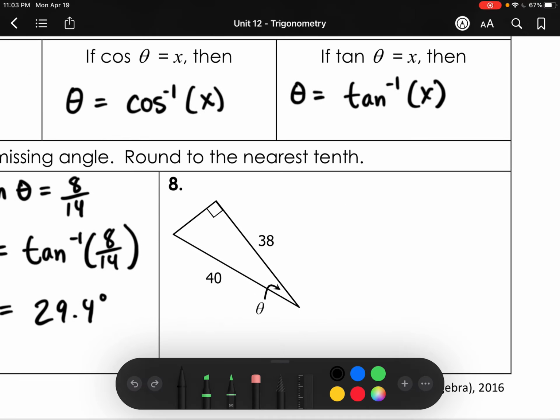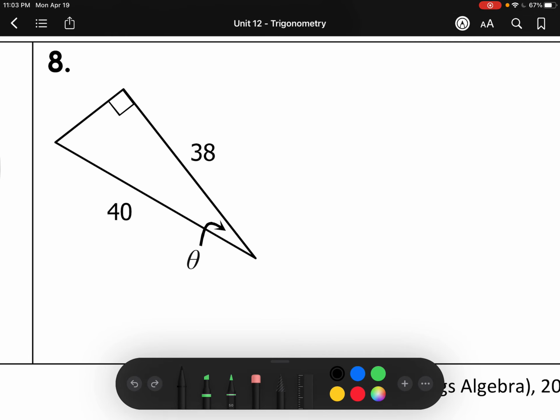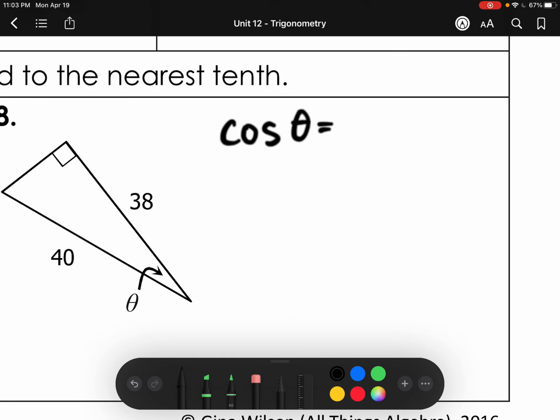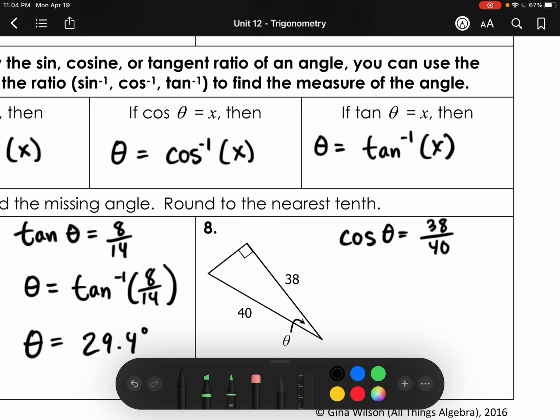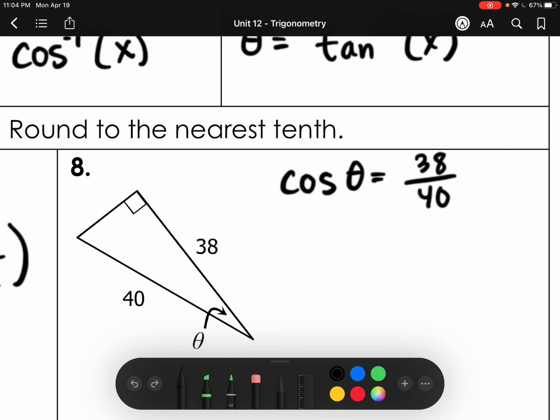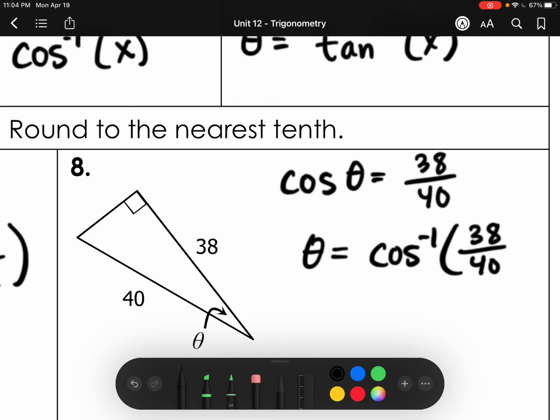All right, so let's go to number 8. We're looking for this angle right here, and we're given the adjacent side and the hypotenuse. So that's cosine, right? Cosine theta is equal to adjacent over hypotenuse, so that's 38 over 40. If cosine theta is equal to x, then theta is equal to the inverse of cosine of x, which is 38 over 40.